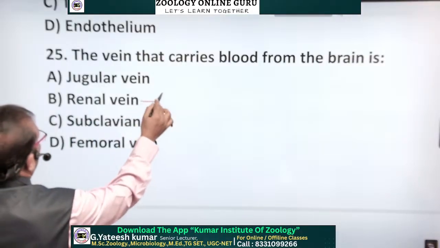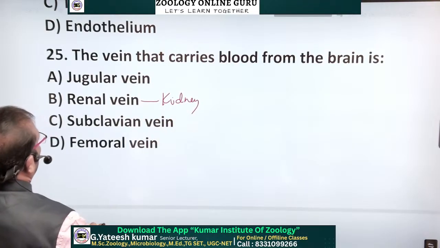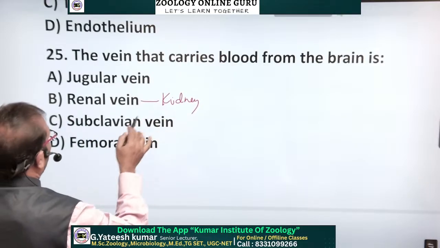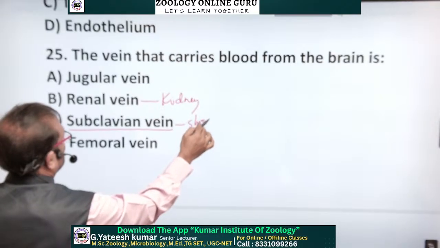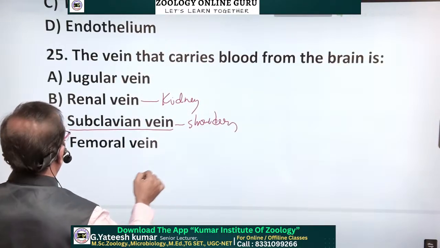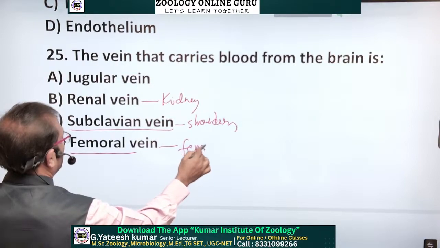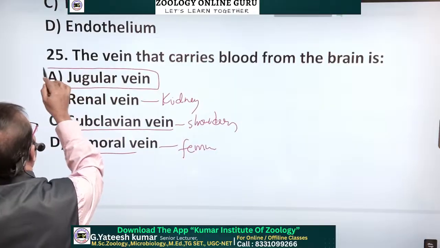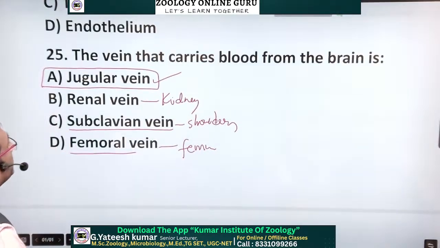You can eliminate the options. Renal vein is from the kidney, subclavian vein from the shoulders, femoral vein from the lower body parts. So the remaining one is the jugular vein. This is the answer. Jugular vein brings the impure blood from the brain.